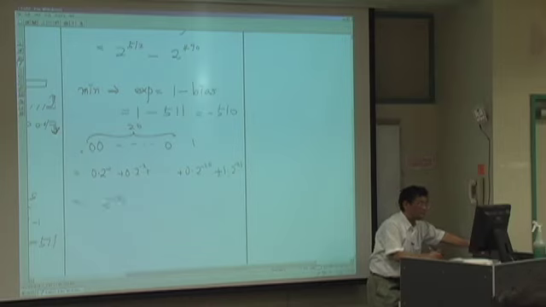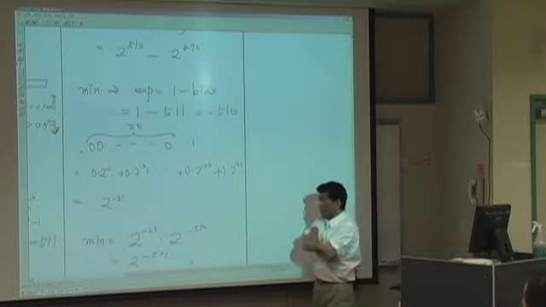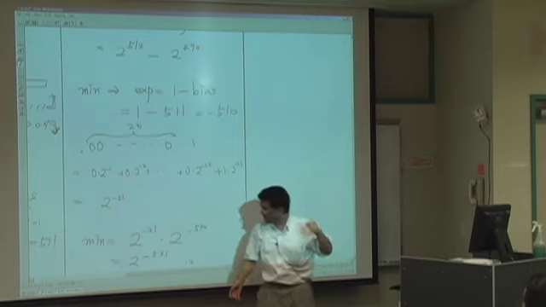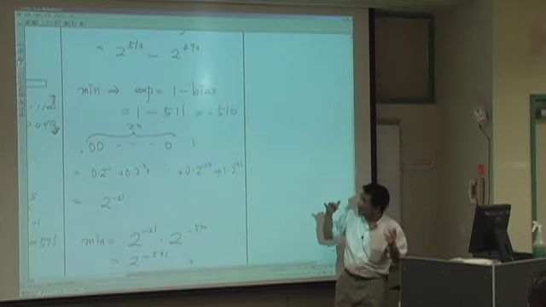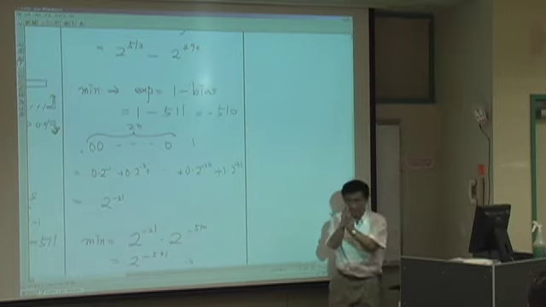If we multiply these two, then the minimum number is 2 to the power of negative 21 multiplied by 2 to the power of the smallest power. So we get 2 to the power of negative 531. This is it.